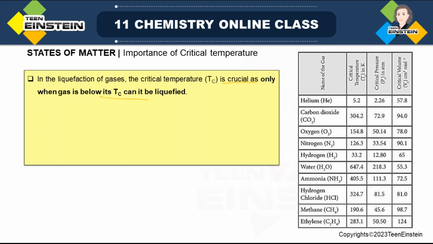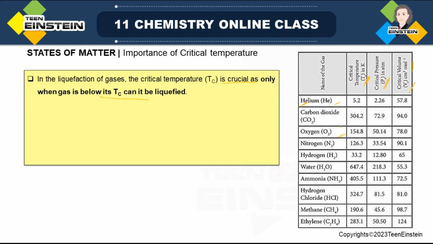So in this table, you can see the TC value, PC value, and also the VC value. Their units are also mentioned: Kelvin, atmosphere, and centimeter cube per mole. Look at the very light gases, helium, then oxygen.